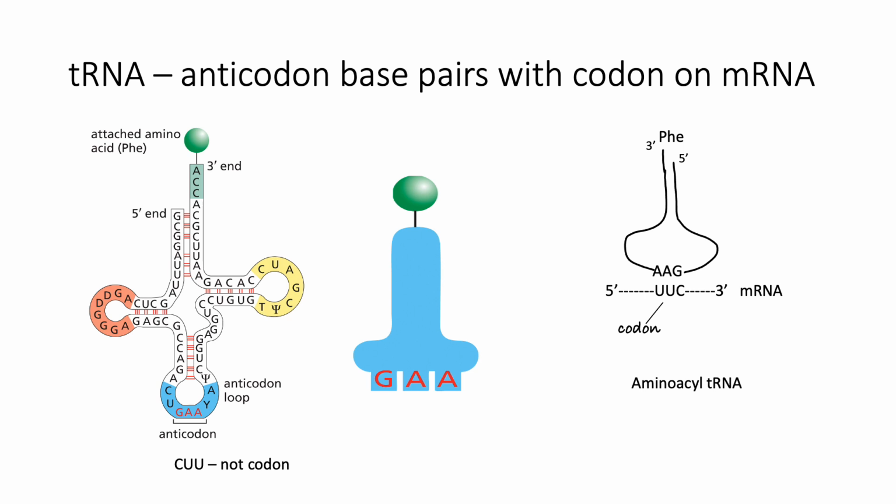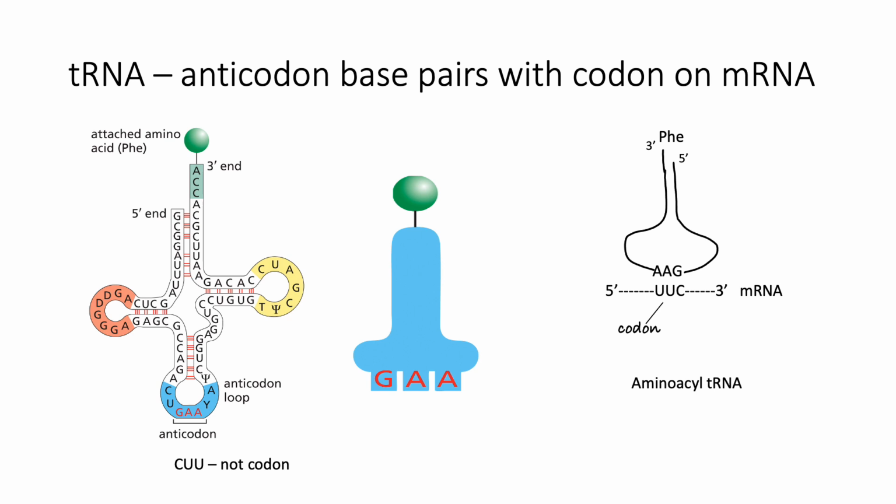So transfer RNAs are tiny RNA molecules, about 70, 75 nucleotides. They undergo a lot of internal base pairing, and you can see here, they form what they call a cloverleaf structure. It's not flat like that, it's three-dimensional. So you can see the base pairing, GC, CG, GU, AU, and so on.